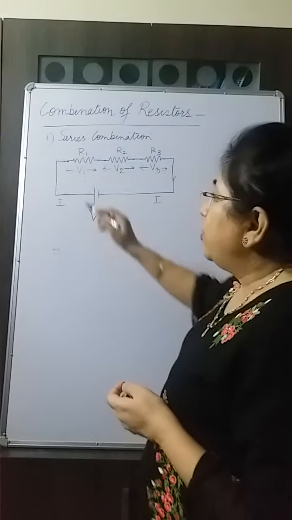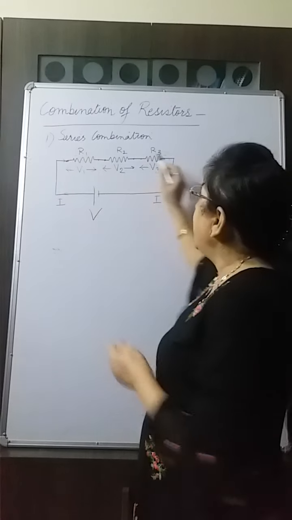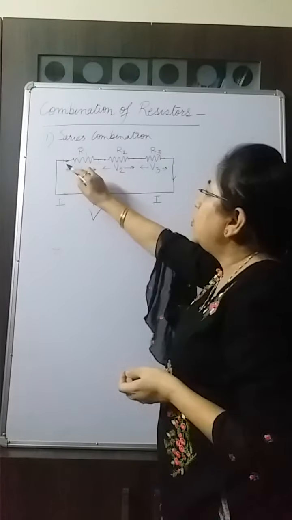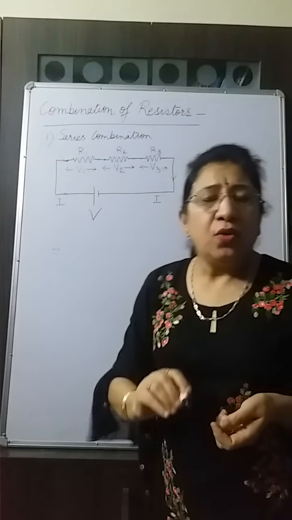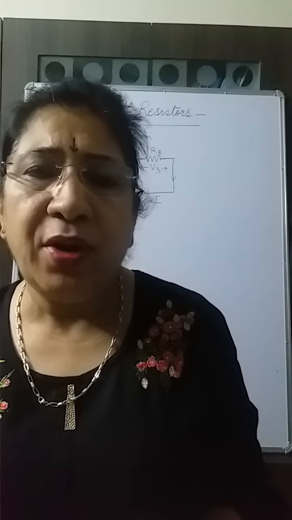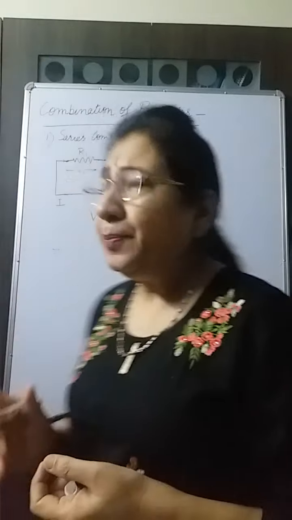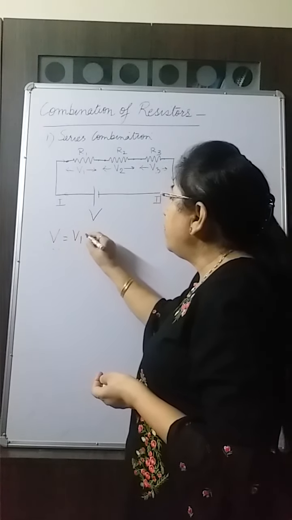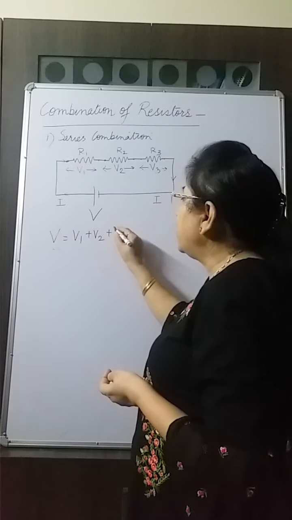Across the two ends of the combination, the total potential difference will be the sum of all the three potentials. And potential is a scalar quantity. So we can put here V equals V1 plus V2 plus V3.